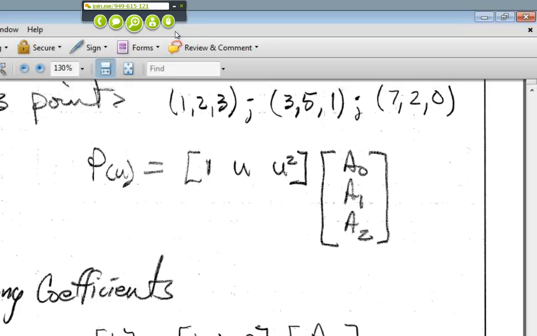So our first equation is really going to be just A naught equal to 1. Our last point, 7, U is equal to what? 1. So we can put in 1, what is 1 to the first? 1, what is 1 squared? 1. We multiply that out, and our equation becomes A naught plus A1 plus A2, for this last one.